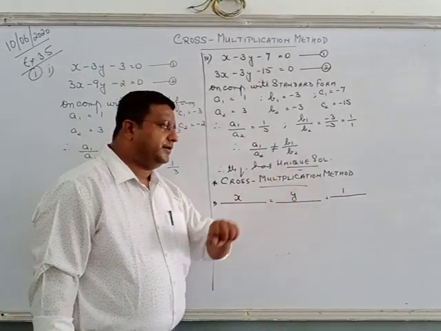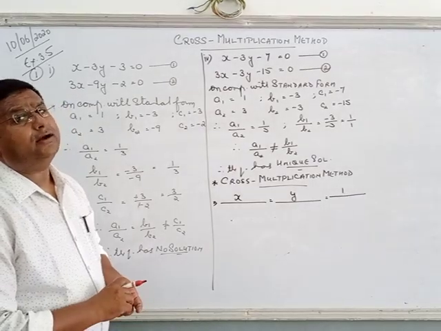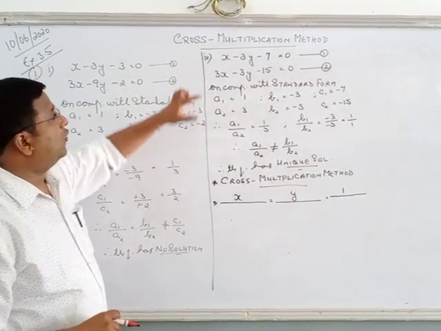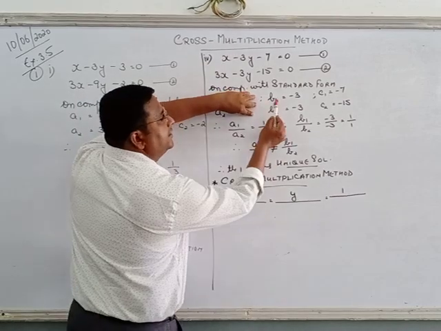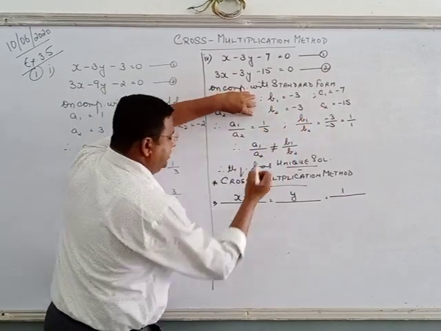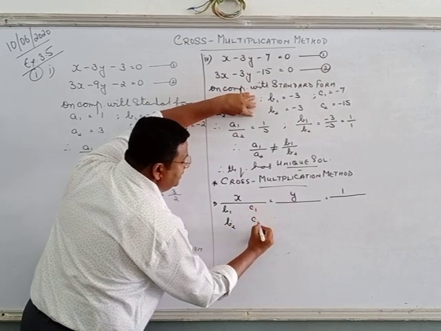Now see, when we are writing x upon something, we will hide the coefficients of x. Which are the coefficients of x? a1 and a2. Hide them. What is left? b1, b2, c1, c2. So it will be b1, b2, c1, c2. Not upon, they are separate terms.